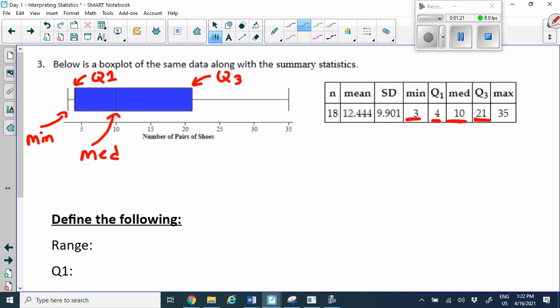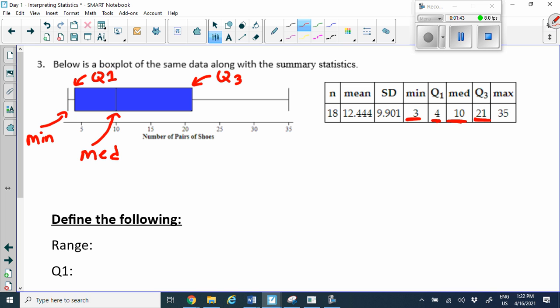Now basically what this is saying is you have the lowest amount, and then in the lower half of the data points, you have the quartile 1. Then of your entire data points, you have the median, so the middle number. Then you have what is called the upper values, and that's where you can find Q3.